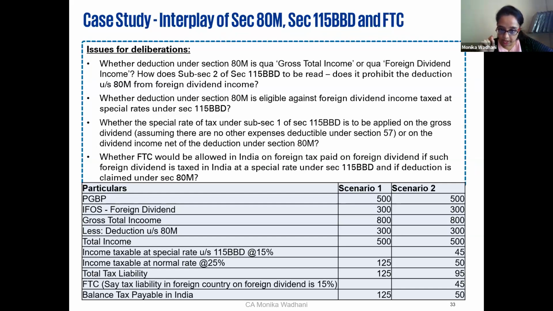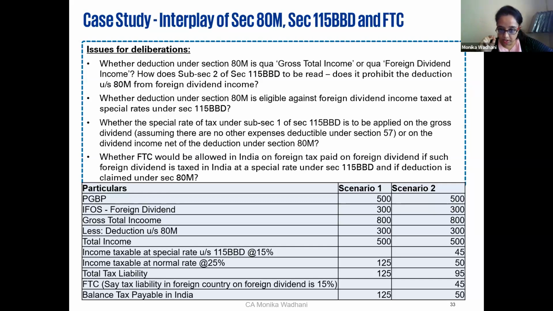Now, if deduction under 80M is claimed qua that foreign dividend income, assuming that the foreign dividend income is in turn declared and distributed by that Indian company to another Indian company in the given timelines, then 80M is say 300. So the total income, which is gross total income of 800 minus 80M of 300, is say 500.